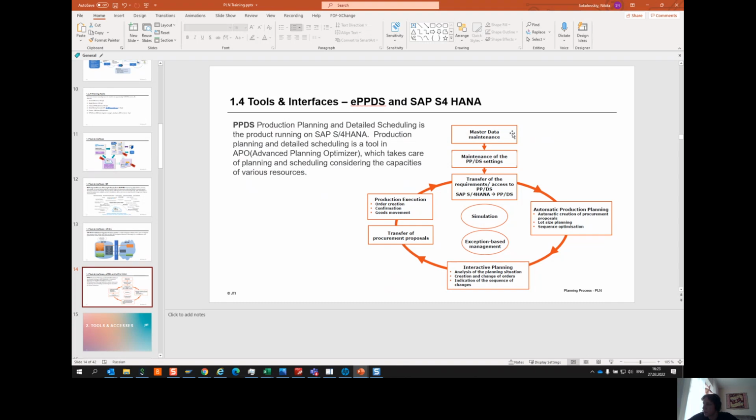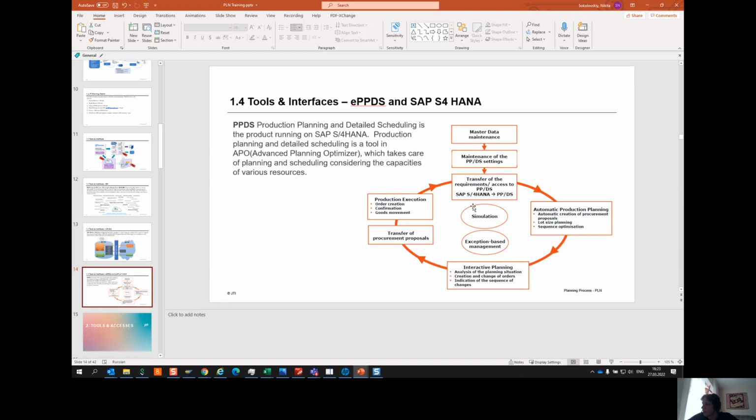You can see that master data maintenance is where the process starts. For example, we change some material data in P40 through the MM02 transaction code. You probably know it. Then this changed information is synchronized with PPDS, so the material data from P40 goes to material data in PPDS.